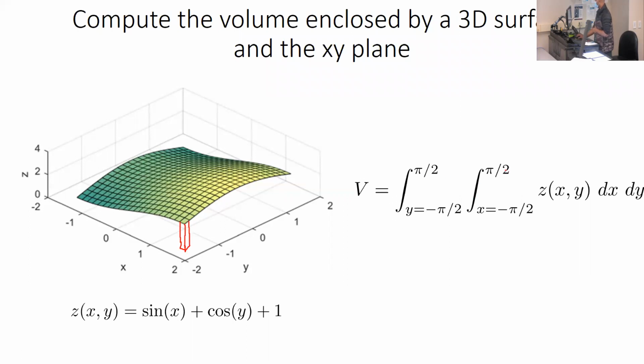And when we do integration, again, think about it in discretized terms, this becomes a summation. So sum in all the x direction and then sum in all the y direction. Basically summing up all of the individual sticks. That gives us the volume under this surface.